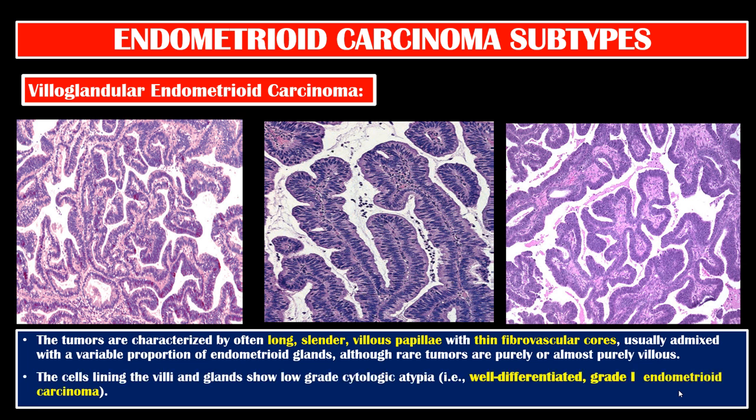The cells lining the villi and glands show low-grade cytologic atypia, that is, well differentiated grade 1 endometrioid carcinoma. So glandular endometrioid carcinoma is almost always grade 1.